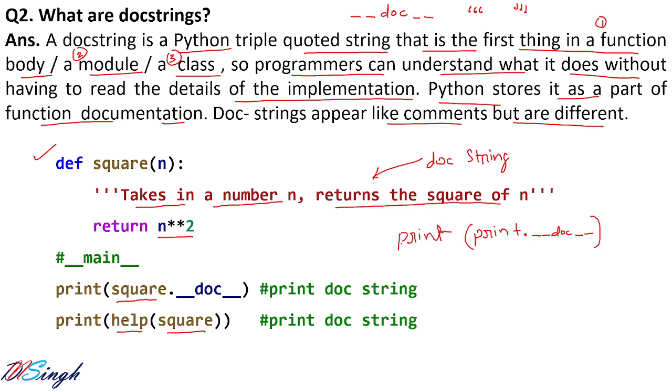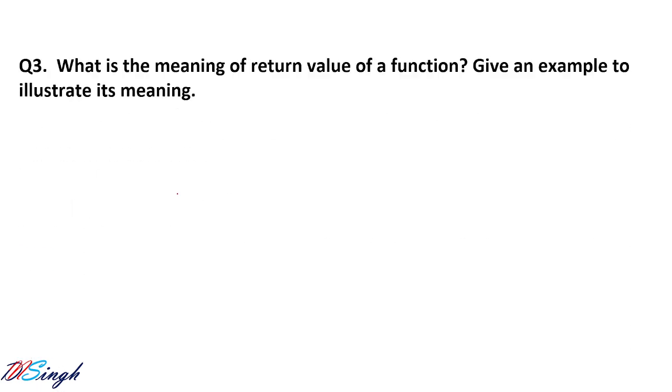So the user can understand by reading that doc string what this print function does, what parameters it takes, how the calculations are being performed inside the function, without reading the implementation, because reading a programming language is difficult and reading the English language is easy. So I hope you got it. The purpose is to give an idea about what that particular module or function or class is doing, and we write that in a doc string. Let us see the next question.